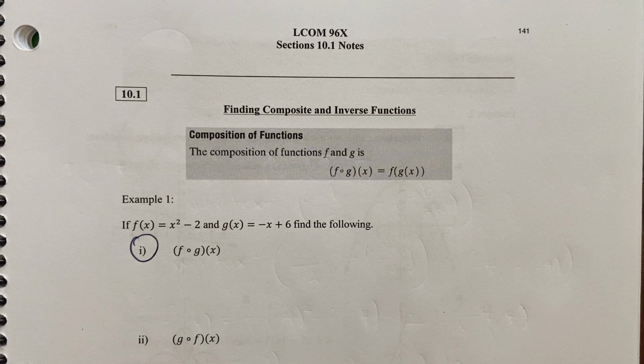So composite, you may have used that word outside of math, like a composition of music, a composite field. A composition of music would be a piece of music that is incorporating a lot of different sounds. So you're making one sound out of many different sounds.